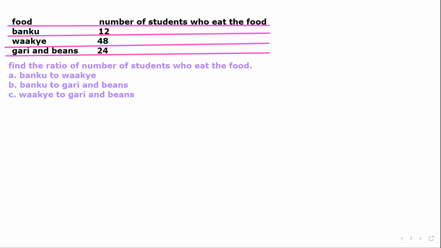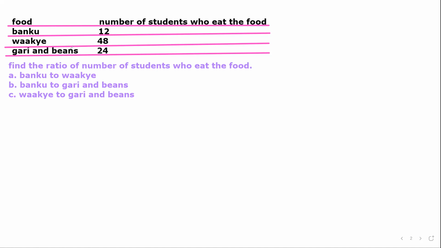Now you are still on how to write the simplest ratios. And let's see this table here. The table above here consists of the food and the number of students who eat the food, the preference of the students. We have Banku, 12 students eat Banku. We have Waakye, 48 students eat Waakye.